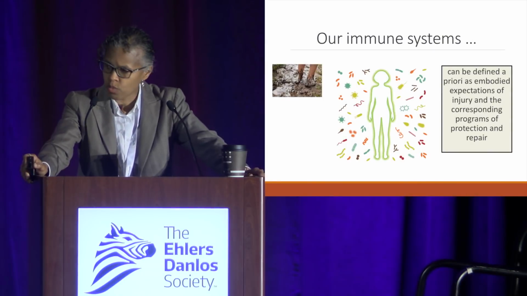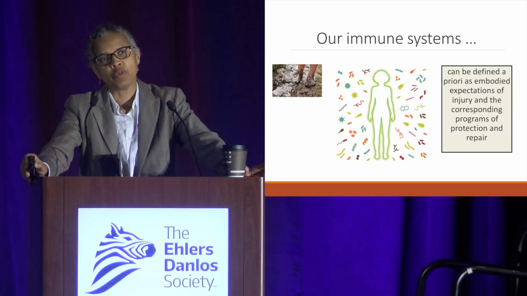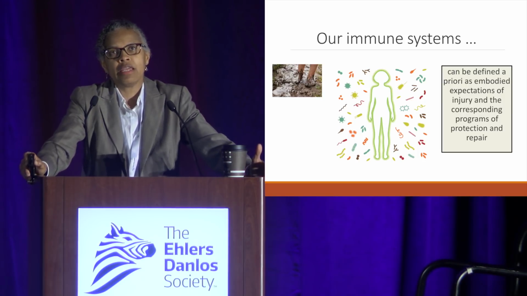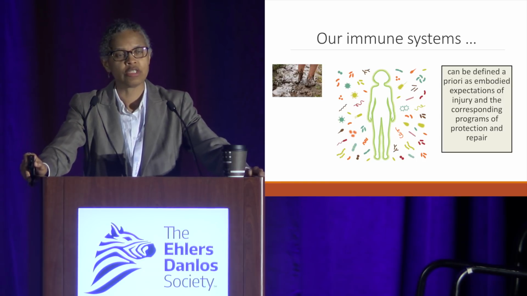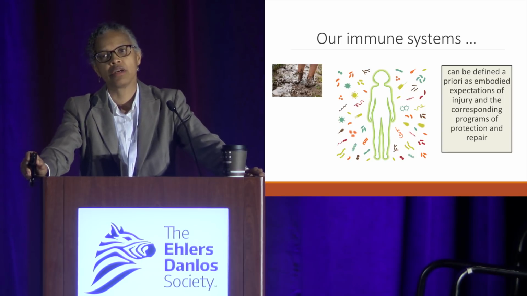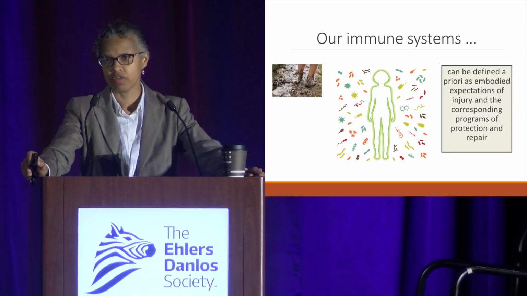So this is a wonderful comment from a German philosopher who basically says what our immune systems are doing. We have embodied, inherited responses to recognize and respond to injury. And what has happened with industrialization is that we have so dramatically changed our environment.